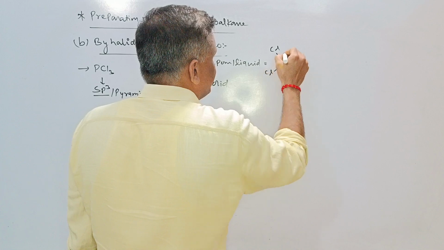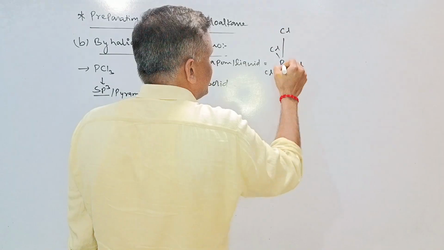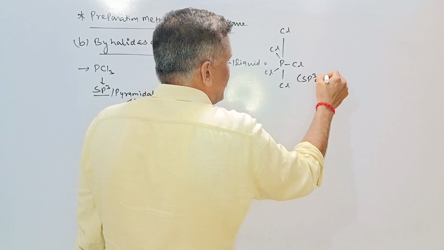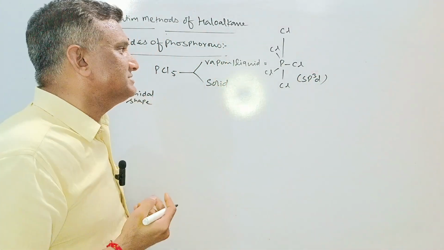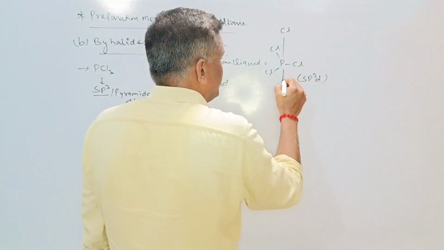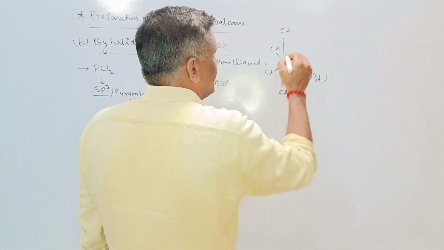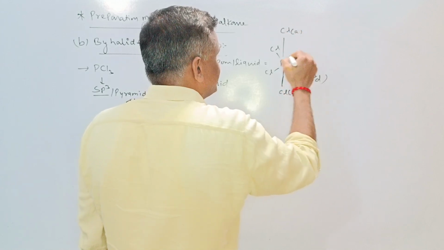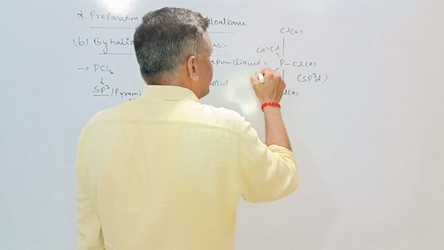This is the PCl5 with sp3d hybridization. As you have discussed in 11th standard, there are two types of bonding in PCl5. These are known as axial bonding and these are known as equatorial bonding.